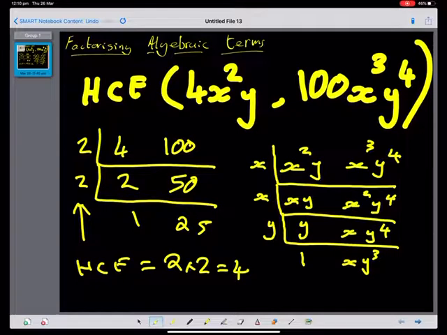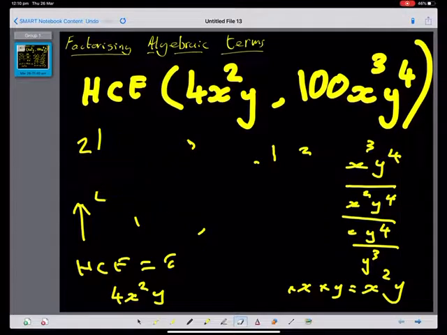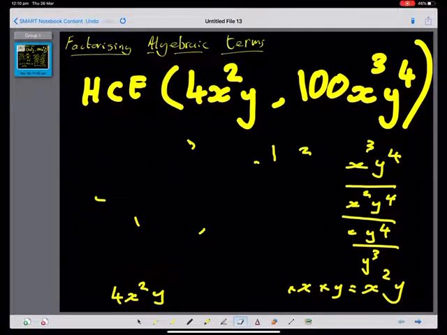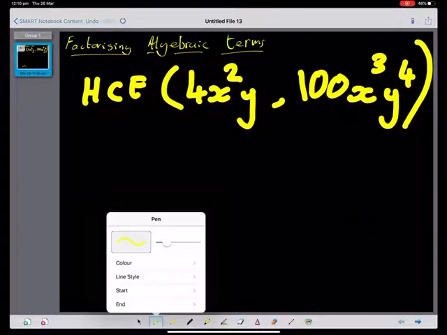Okay, so this is the highest common factor. x times y, which is x squared y. Okay, so the highest common factor then is 4x squared y. Now, you can also do this by inspection. Now, let's test to see if our highest common factor indeed gives the numbers.